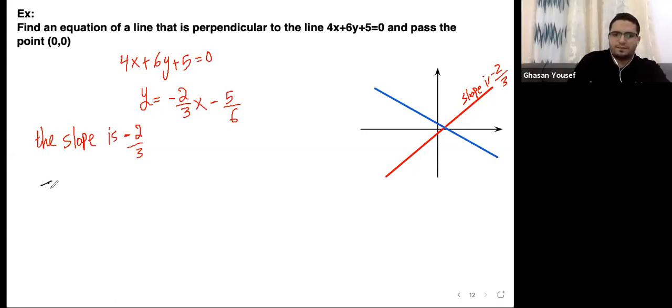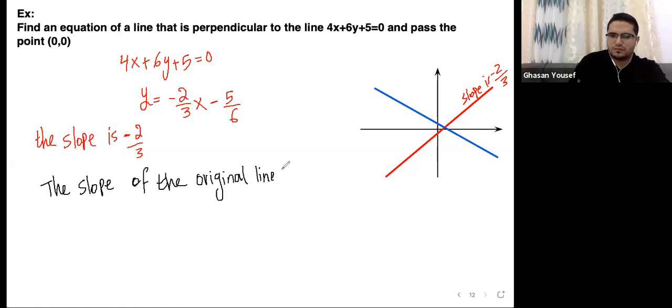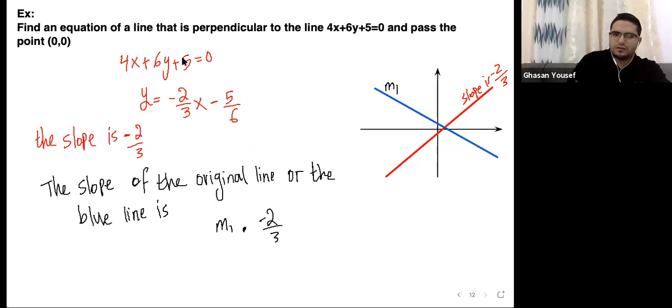The slope of the blue line, suppose this is m1, times minus 2 over 3 equals minus 1.